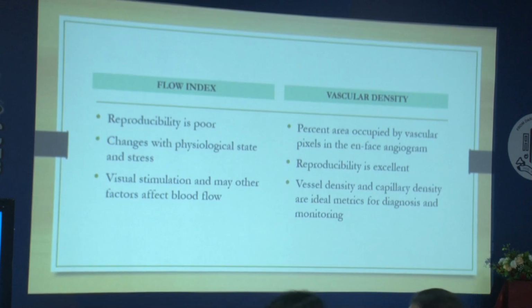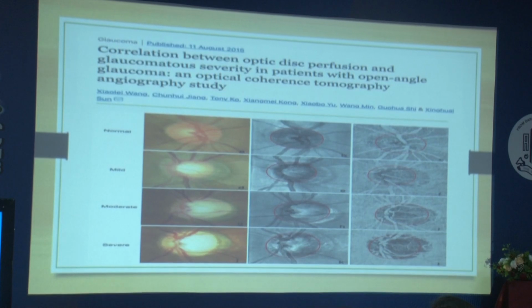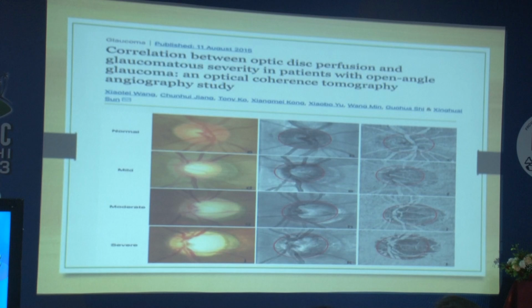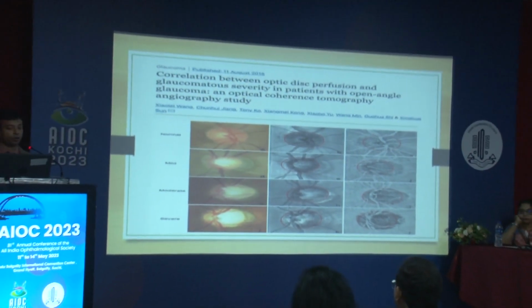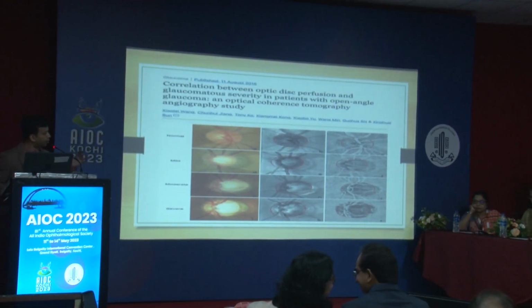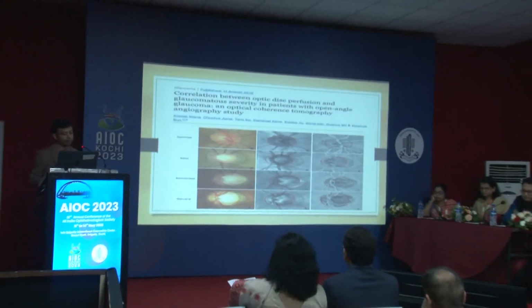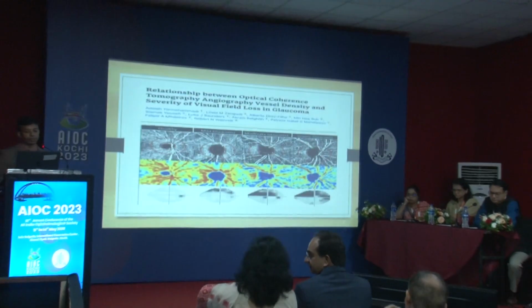There are lots of studies published in OCT angiography since 2014 or 15. I'll go through some of the studies, how it is giving an idea about the glaucoma. So this study by Wang et al. has shown from normal to severe glaucoma, it has a significant decrease in vascular density along the disease progression.